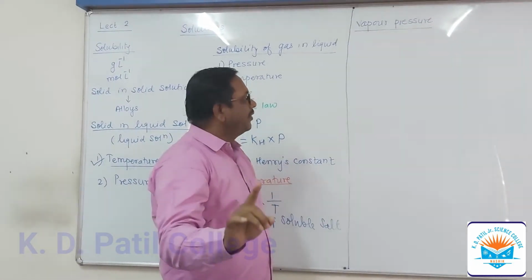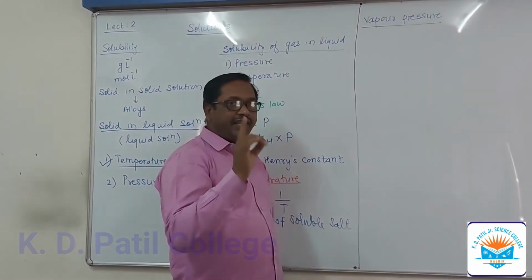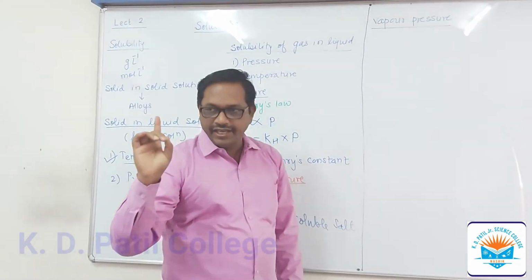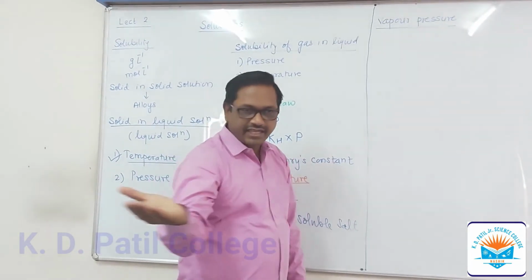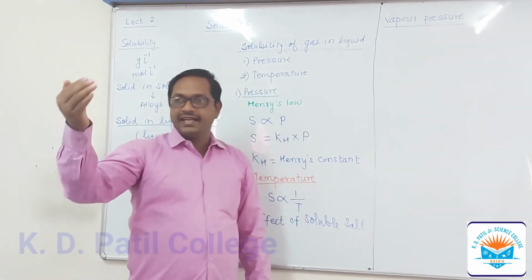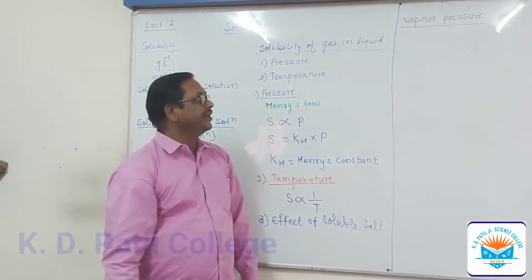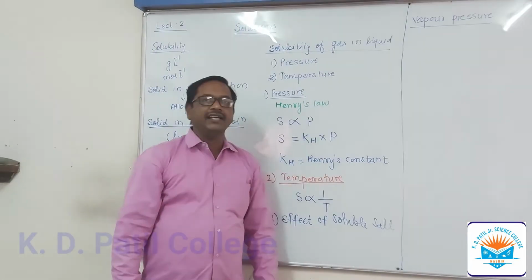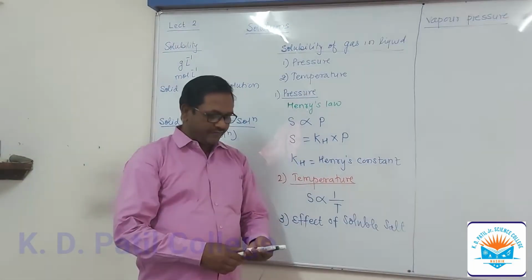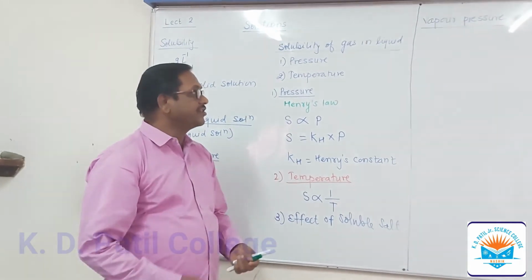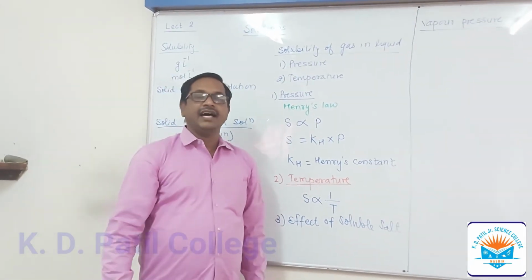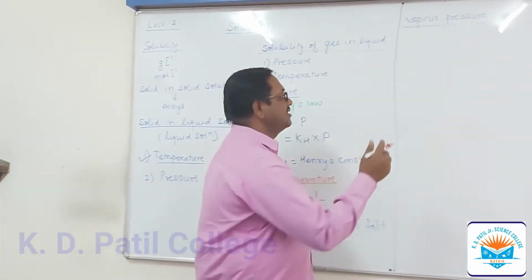The pressure exerted by the vapors of a liquid on its surface which are in equilibrium with the liquid state at a given temperature is known as the vapor pressure of liquid. Vapor pressure of liquid is affected by mainly three factors.